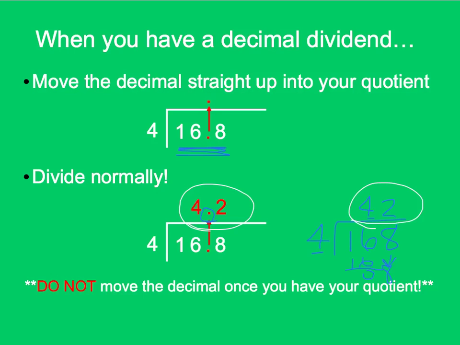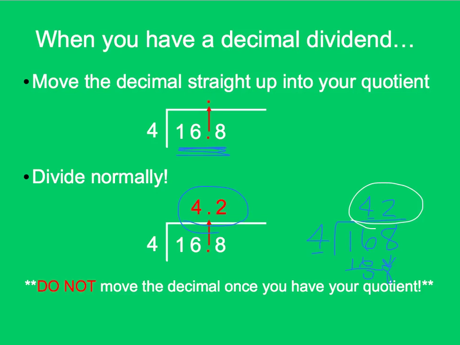And the other thing I want you to take note of is once you have brought your decimal up and you've divided normally, you are not going to move that decimal. Multiplication, we multiplied normally and then we moved the decimal. But for division, when you have a decimal dividend, you are not going to move that decimal point in your quotient. This is going to be your final answer.